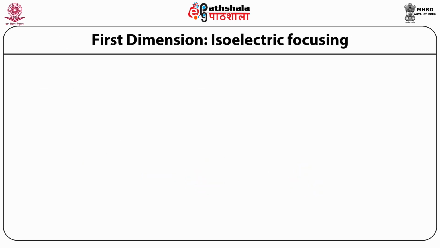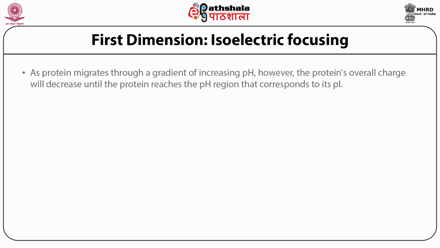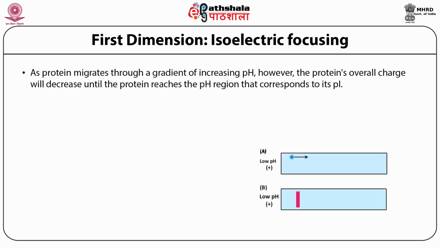Even as we have been understanding isoelectric focusing, what we now try to understand is that as the protein migrates in the IPG strip, the overall charge on the protein will decrease until the protein reaches the region where the pH equals its pI, or in other words, the net charge on the protein is 0.